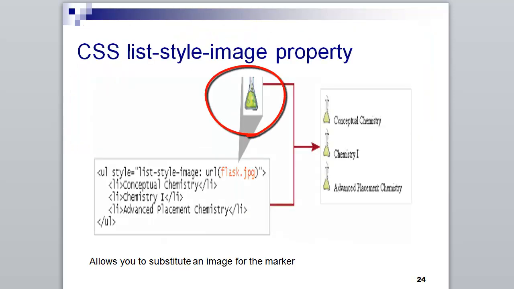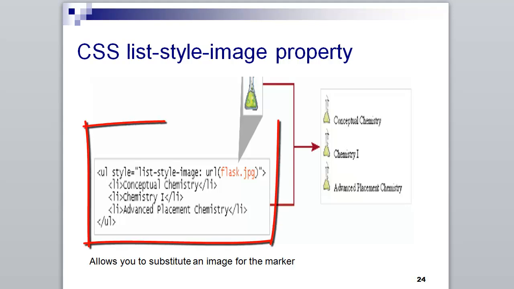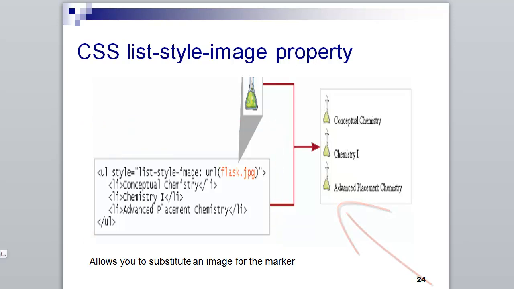We can substitute an image for the marker, and that is being called by using the list-style-image CSS property, and the value would be the actual name of the graphic file. So here we have an example of what the code would look like and how it would render in the browser.